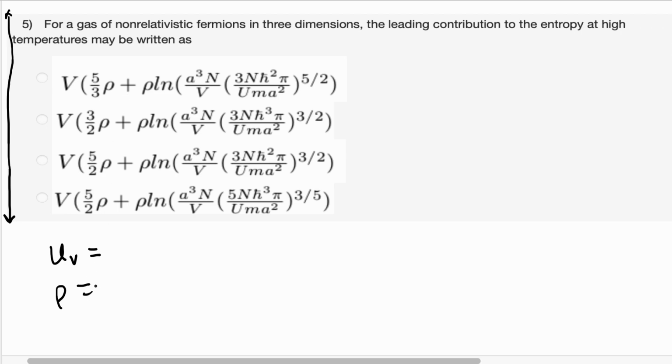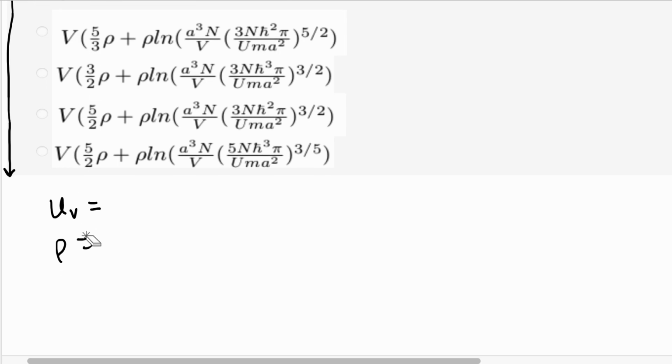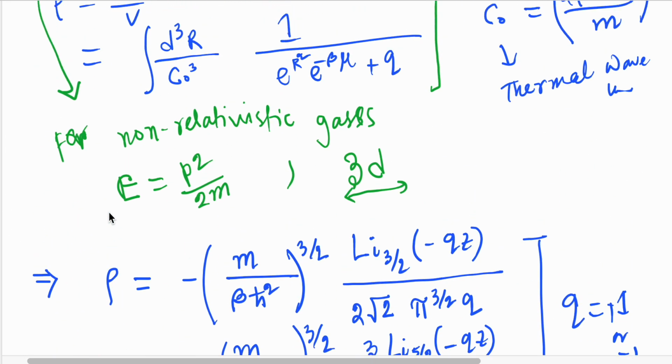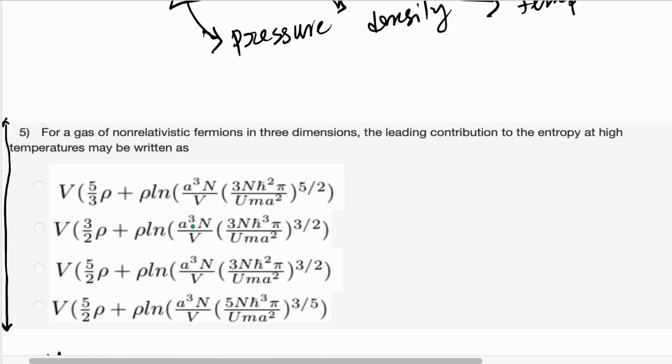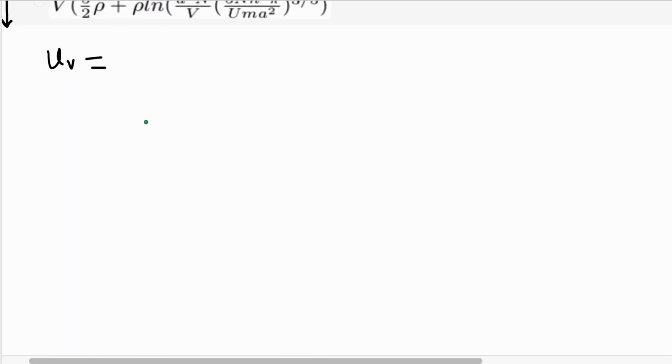These two things we need here. So let's calculate UV first. We know UV is nothing but UV is equal to the integration dq r.